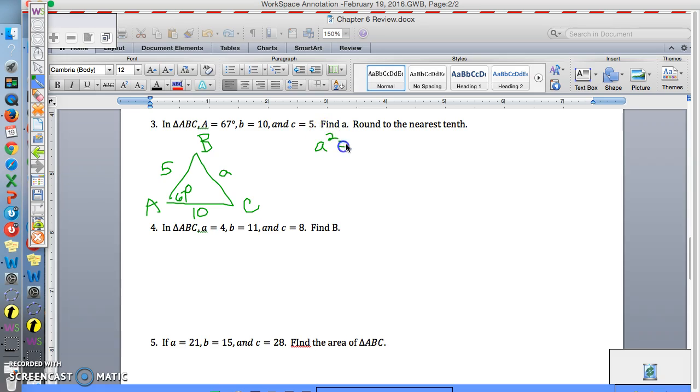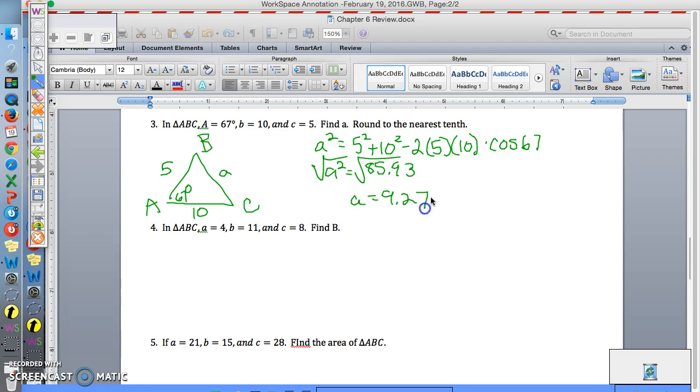So a squared equals 5 squared plus 10 squared minus 2 times 5 times 10 times the cosine of 67. If you type this all in and press enter at the end, you end up with 85.93, and you take the square root of that, and we end up with 9.27.